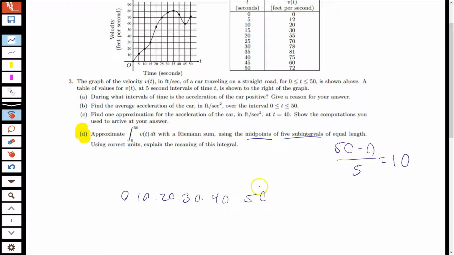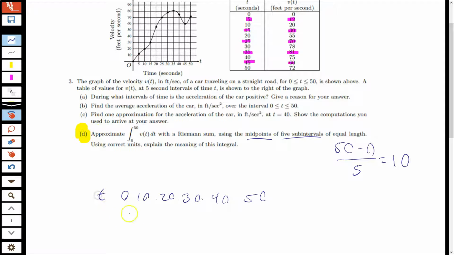And then what we want is the midpoint, right? Now you might be able to see based on the table how nicely this works out for us. The midpoints are just given to us. The midpoints are going to be all the multiples of 5 for our t values, because they're between the numbers that I wrote for my bounds.